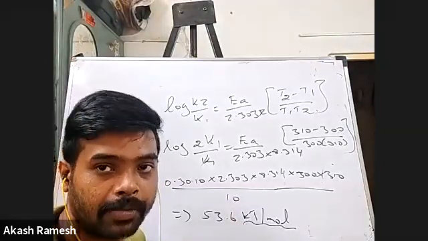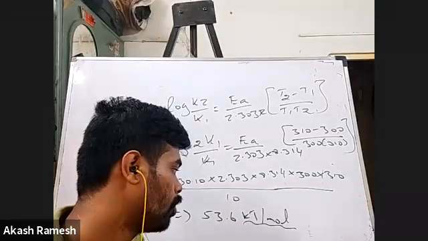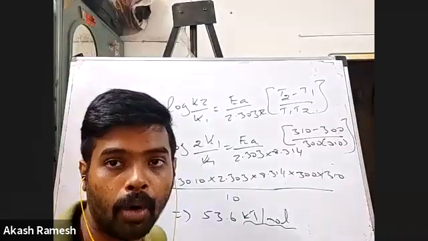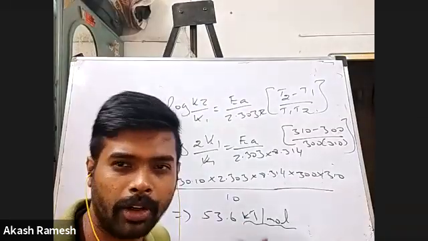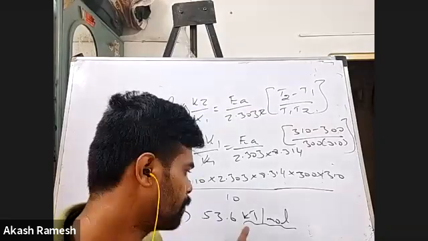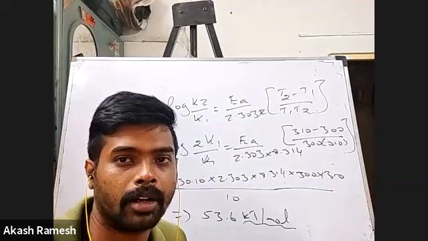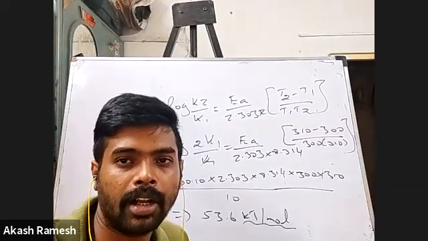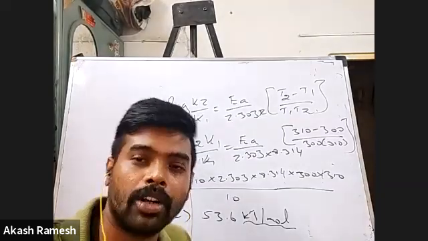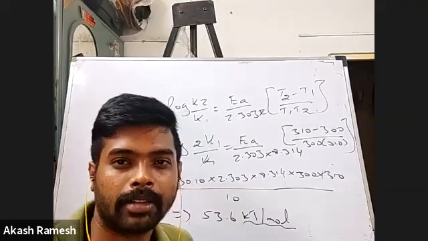Per mole should be present, right? So hope you know why we are doing this per mole. Not only in this, you would have seen this per mole coming even in your enthalpies or activation energy, even in your internal energy in thermodynamics, right?